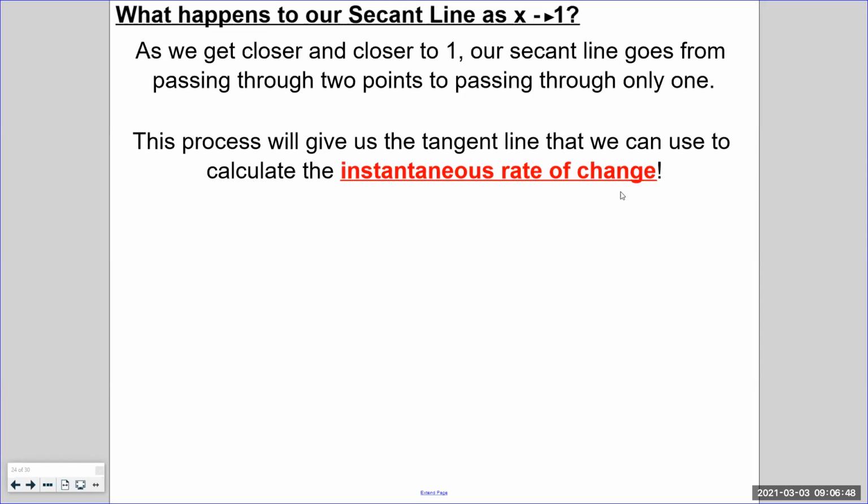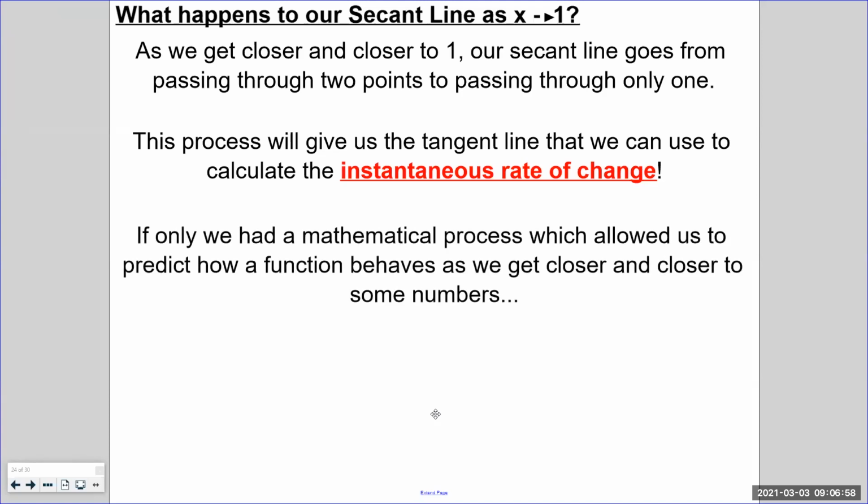If only we had a way that we could move one point closer and closer and closer to another point. So if only we had some sort of mathematical process which allowed us to predict how a function behaves as we get closer and closer and closer to some number.